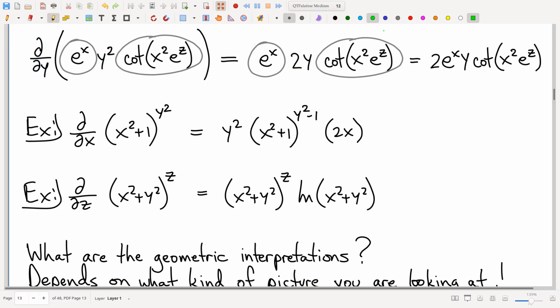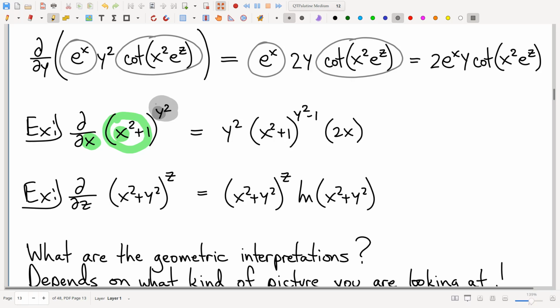You look at this expression right here. Again, it looks like a monster. It looks like I've got a function to the power of a function, but I don't. What I have here is a partial with respect to x. That means x is my variable. That means all of this is not constant, but the other variables, in this case y, constant. That means this exponent is just a great big constant. So this is not function to the power of a function.